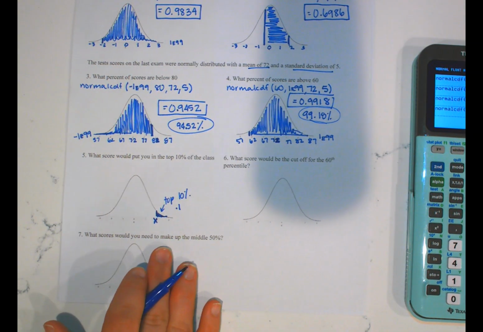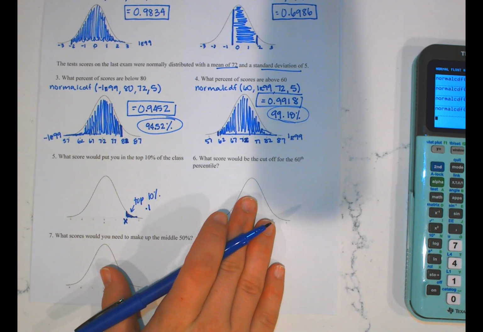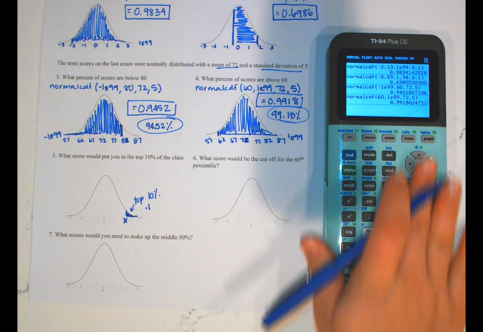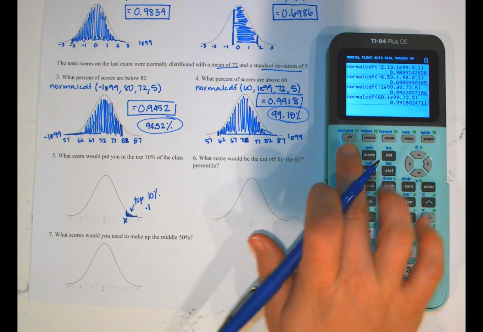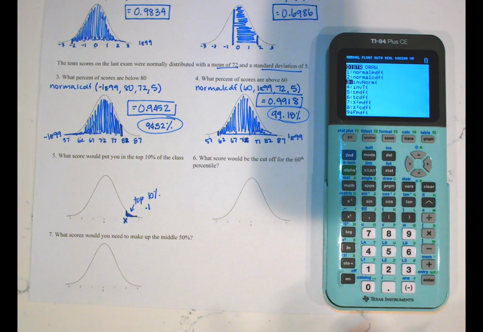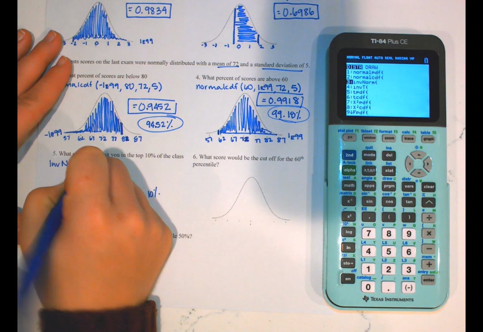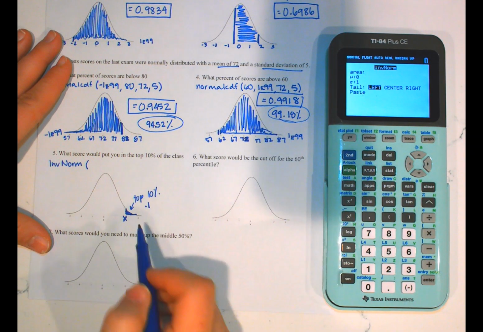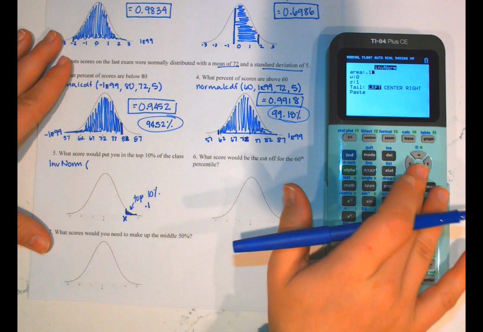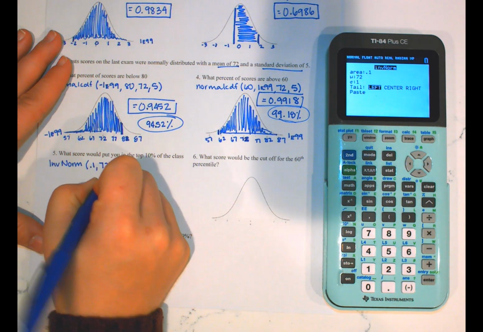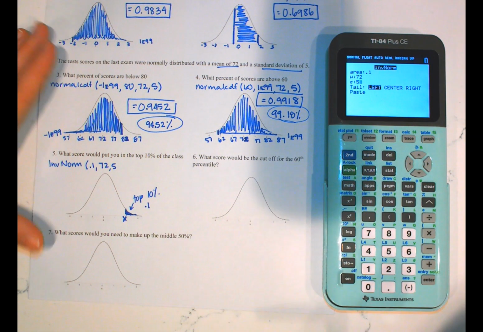So there's 2 ways that you can do this. Depending on your calculator is going to depend on how you do this. If you have a newer calculator, if I go to second vars, I'm going to number 3, which is my inverse norm. And it's going to ask you for area, which is 0.1. And then our mean is 72. And our standard deviation is 5. And this is where it differs.